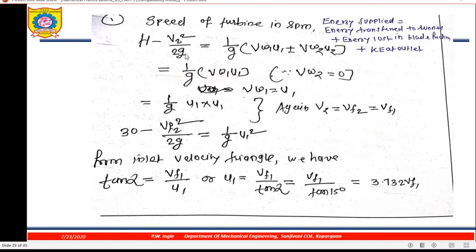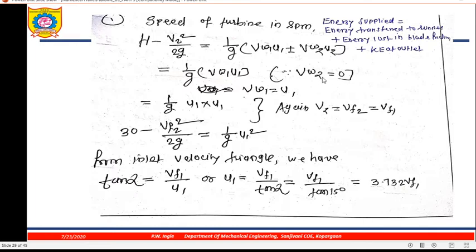Now we know that this is very important: H minus V2 square by 2G equal to 1 by G (VW1 U1 plus VW2 U2). We are writing the equation in terms of head: energy supplied equal to energy transferred to runner, that is 1 by G (VW1 plus minus VW2), plus energy lost in blade friction. This we have neglected, it is not given. Then kinetic energy at outlet is V2 square by 2G, but here VW2 is 0.